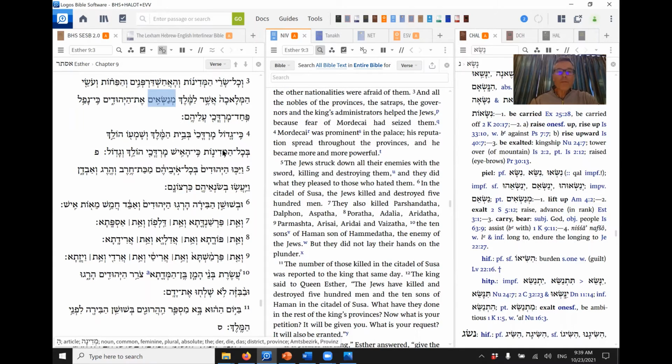We have the participle doing the heavy lifting in the sentence here in verse 4, because Mordecai was great in the house of the king, and his renown or his fame grew, and there's a participle, holech.